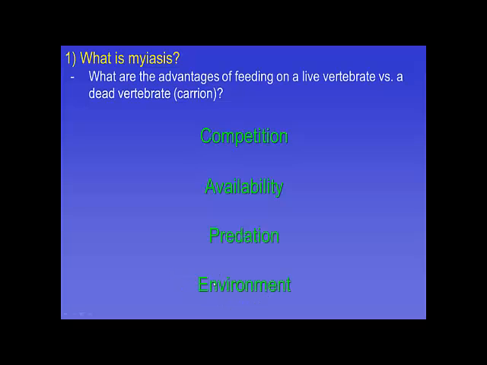And lastly, let's talk about the environment. Living in a live host provides the dipteran larvae with a constant temperature, moisture or humidity, and constant pH, so acid-base balance, and this living environment is sheltered from the elements.